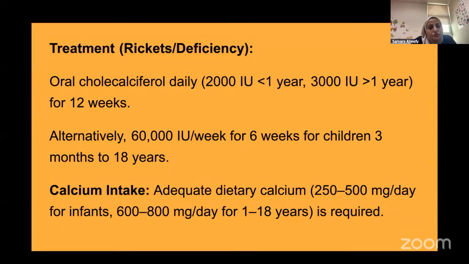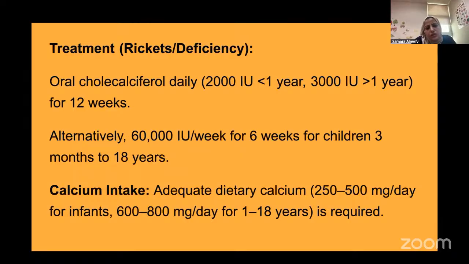Treatment, like we mentioned, according to the Indian Academy of Pediatrics, is oral cholecalciferol for patients with severe deficiencies and rickets. To start them, oral cholecalciferol daily at 2,000 international units for those under 1 year, and 3,000 international units daily for over 1 year, for 12 weeks.